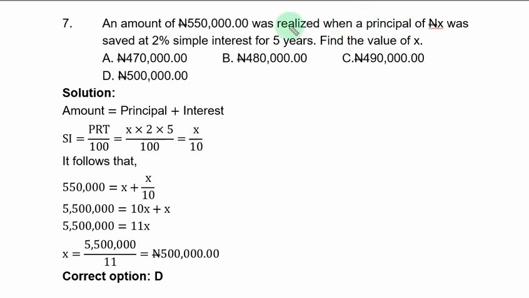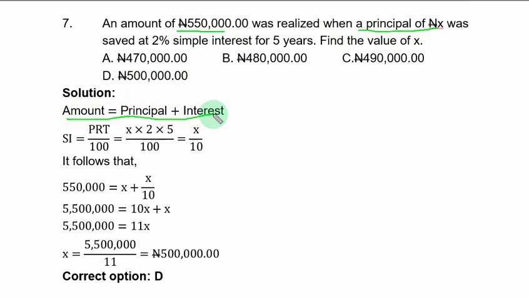Question 7. An amount of 550,000 naira was realized when a principal of S naira was saved at 2% simple interest for 5 years. Find the value of S. From the question, amount is equal to principal plus interest.